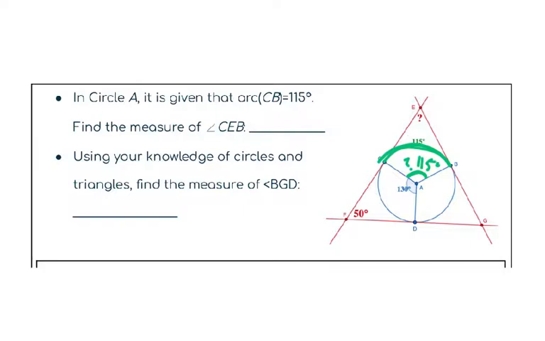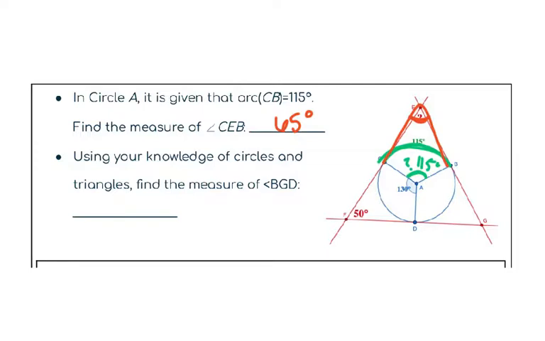But then the relationship between the central angle and the angle we're looking for. So we're looking for CEB. So this is CEB. So we're looking for this angle here. Well, if the central angle is 115 degrees, we know that it and the circumscribed angle are going to be supplementary. So then what is the measure of CEB going to be? It should be 65 degrees.